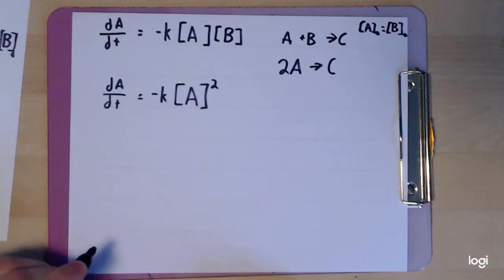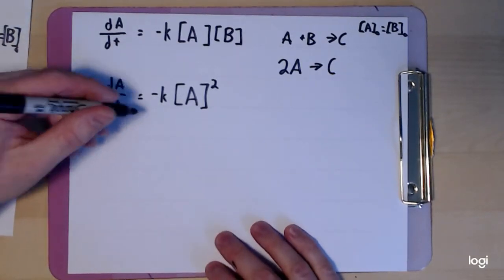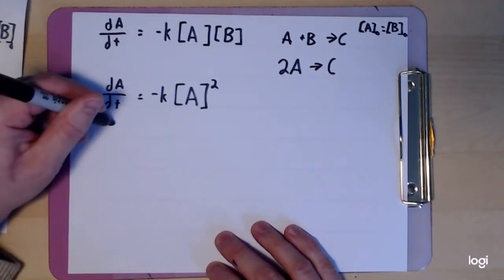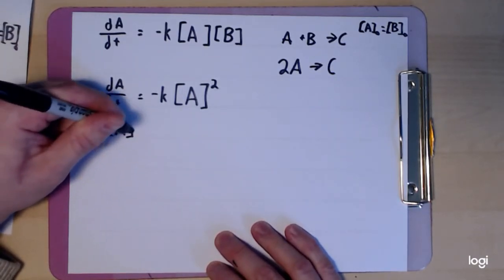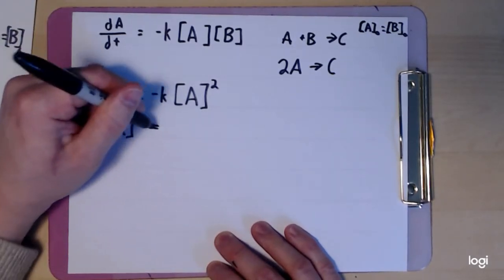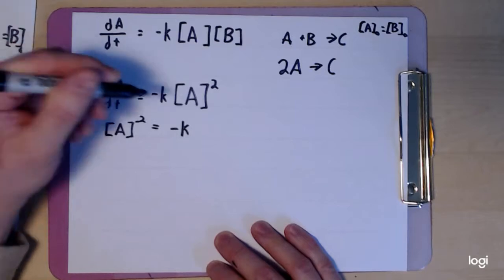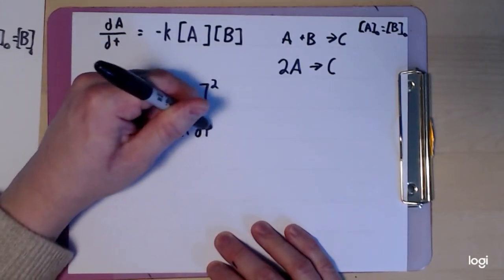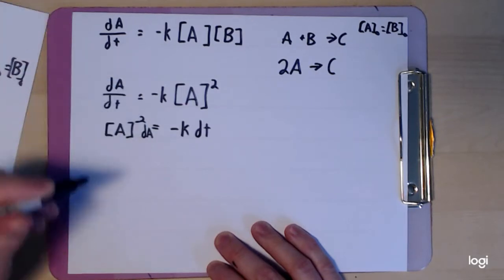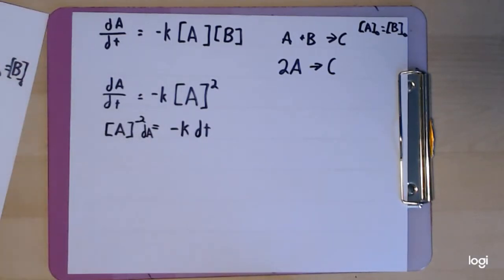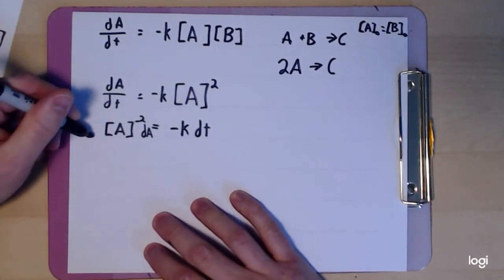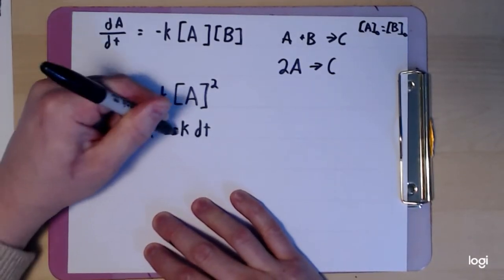And we just proceed by integration, again by separation of variables, so we can just divide through by A squared, so we end up with concentration of A raised to the negative 2 dA equals negative k dt. Now that we have the variable separated, again, we can just integrate both sides with respect to the differential that exists on each side.